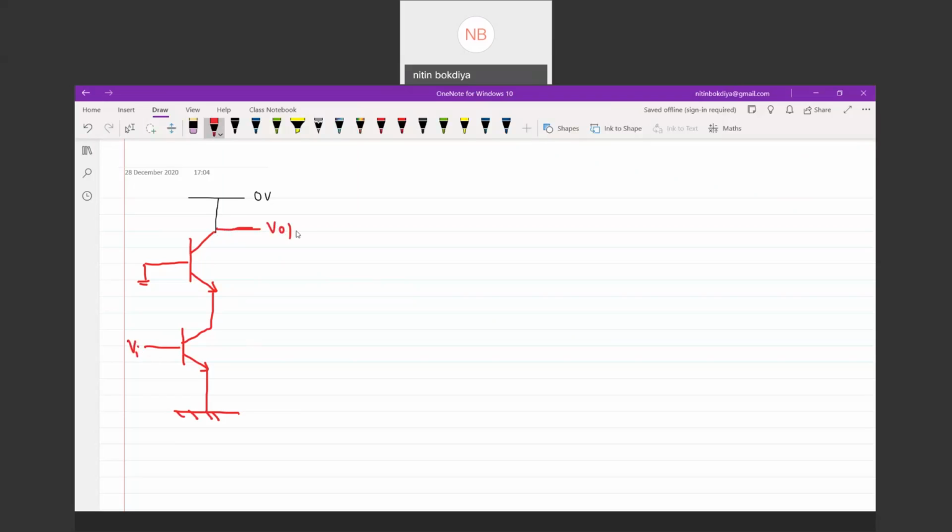This is V output. This is our whole arrangement, the cascode amplifier.